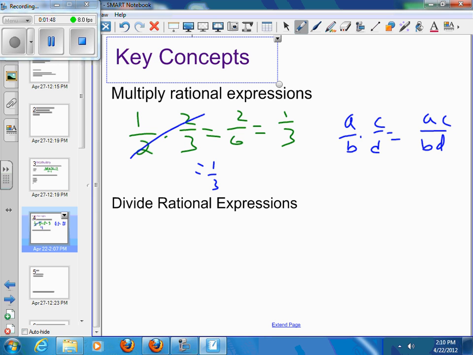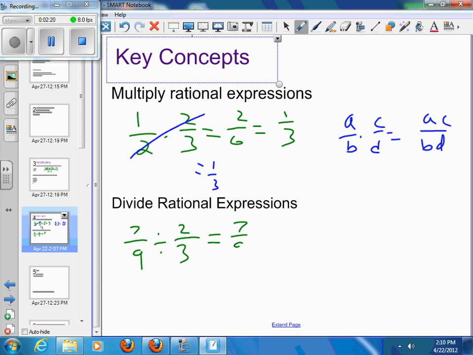Dividing rational expressions, well, just like dividing fractions, let's go back and look at a fraction. If we had 7/9 and we wanted to divide by 2/3, if we remember back to dividing fractions, copy dot flip, you can say flip and multiply, or whatever you're going to do, you've got to multiply by the reciprocal of the second number.